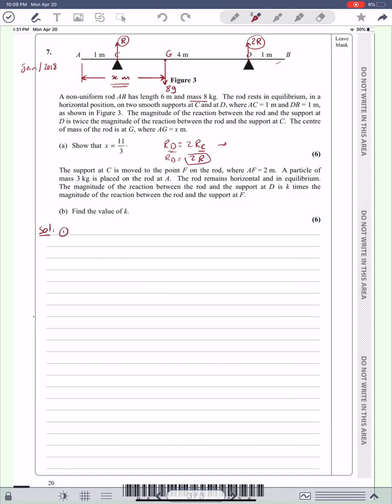Upwards, we have R plus 2R is equal to 8G. Only one force downwards for now. So this means that 3R is equal to 8G. This implies that R is equal to 8 over 3 G newtons. Write G, of course, clearly in the numerator. Be careful.